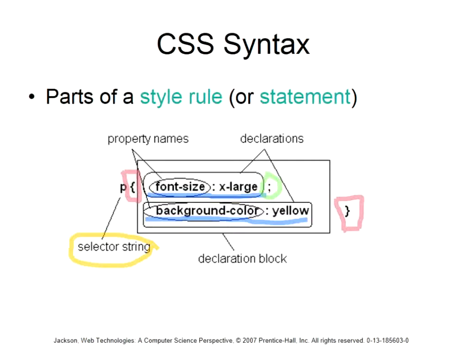So to create a CSS rule, we use a selector. After that, begin, then property name declaration, semicolon, another property name declaration, etc. After that the end of this rule. Is it clear?